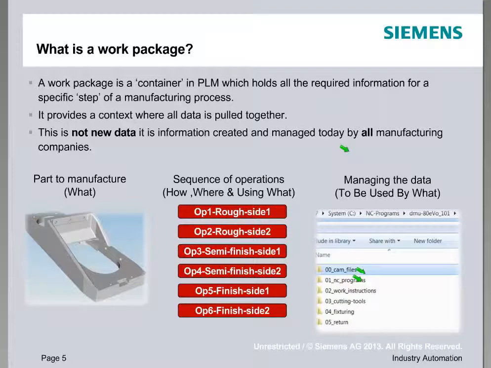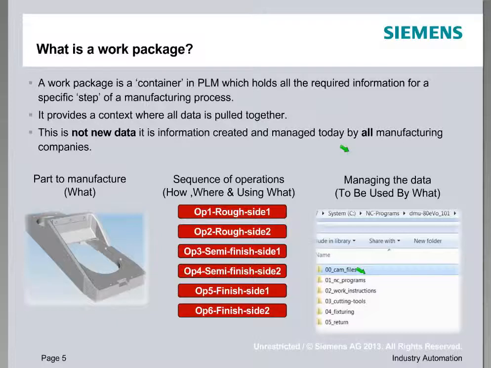The actual NC programs, the post-process code would go into an NC programs folder, and these would all be potentially pushed and duplicated into a DNC solution, for example, or maybe other systems that give this information down to the shop floor would read from this folder structure.